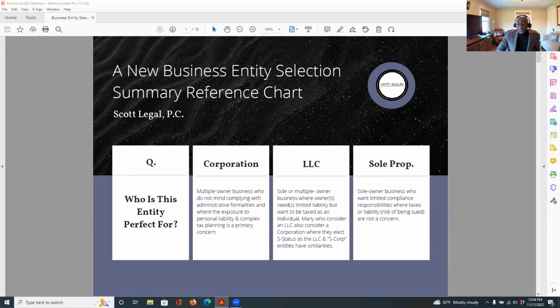So let's start with the sole proprietorship. We'll move right along to the right first. Now, a sole proprietorship might be what one calls a mom and pop shop, right? It's really geared towards someone who wants to set up a very, very small business and doesn't want any of the administrative or compliance requirements related to setting up very much.